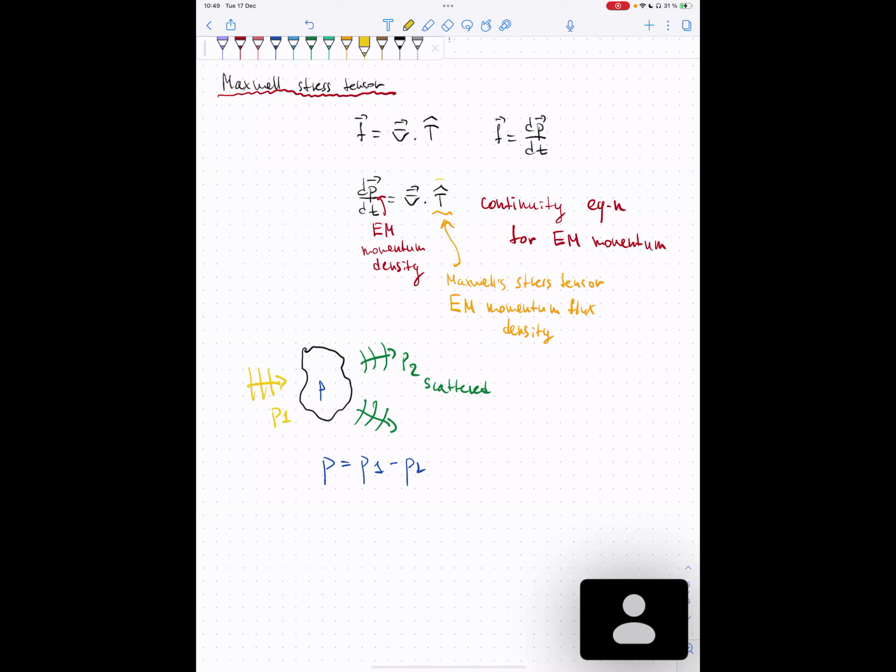This is why it's easier to use this guy, because we can just calculate the difference of this momentum.